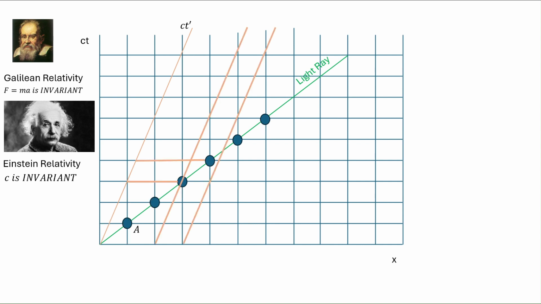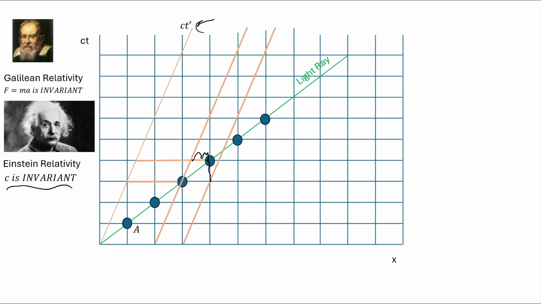Now, if you look at it from the CT frame's point of view, from this guy's world line, so here I've drawn his slanted axes, this is actually a bit of a problem, because if you go up 1, it's less than 1 over. That means that this person is measuring a different speed for the speed of light than the other person is, and according to Einstein, that's not allowed.